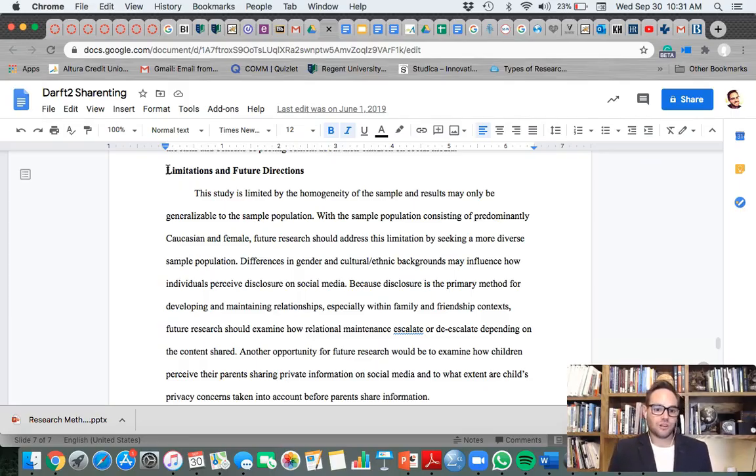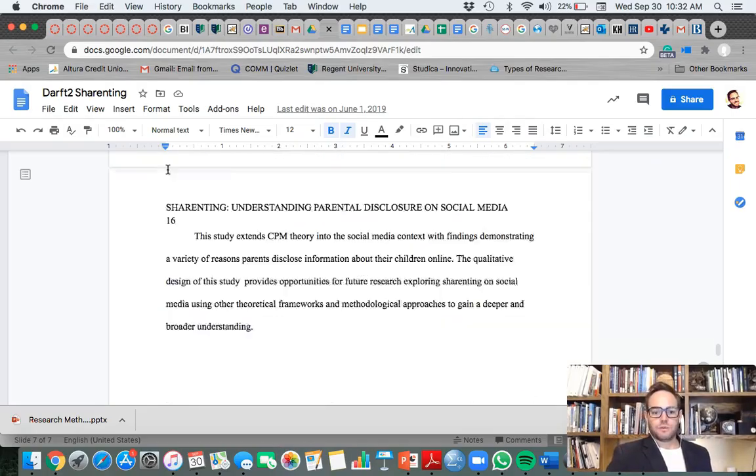This could be just based on people's subjective interpretations of what they think they're doing. The limitation section is where you discuss some of the limitations to your study, your approach, and the results, and then you provide some sort of future direction for other scholars, saying like, look, I looked at this, but future scholarship might look at this other aspect of the situation.